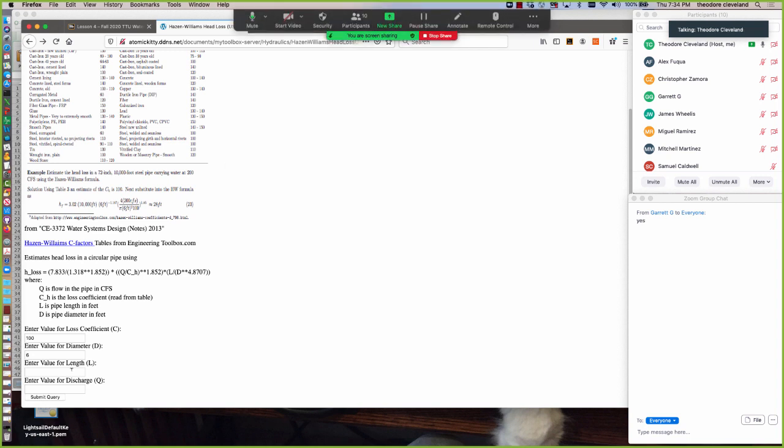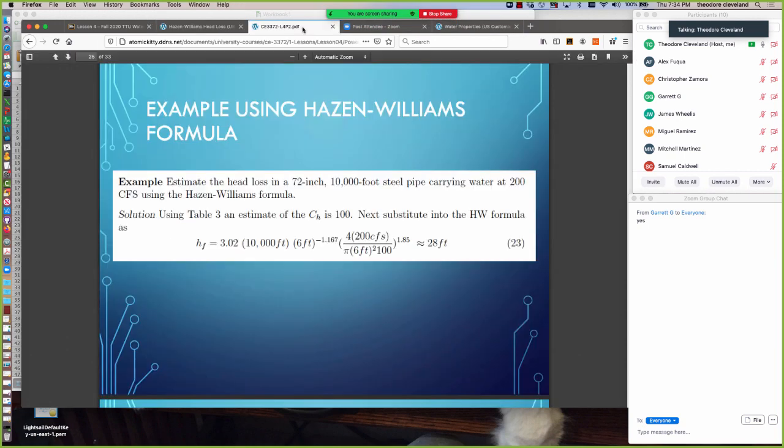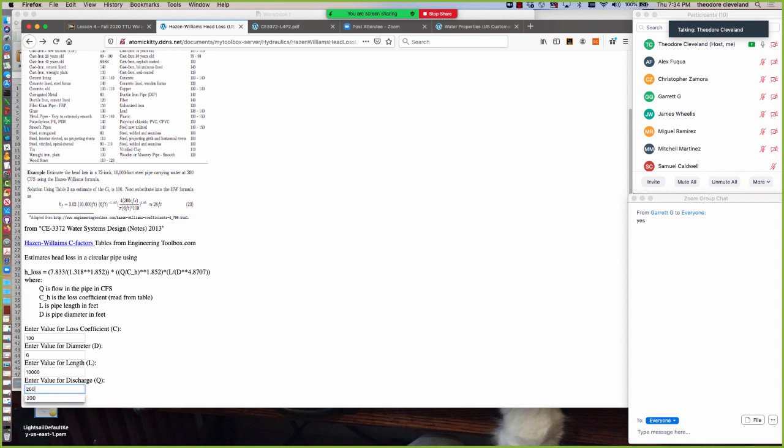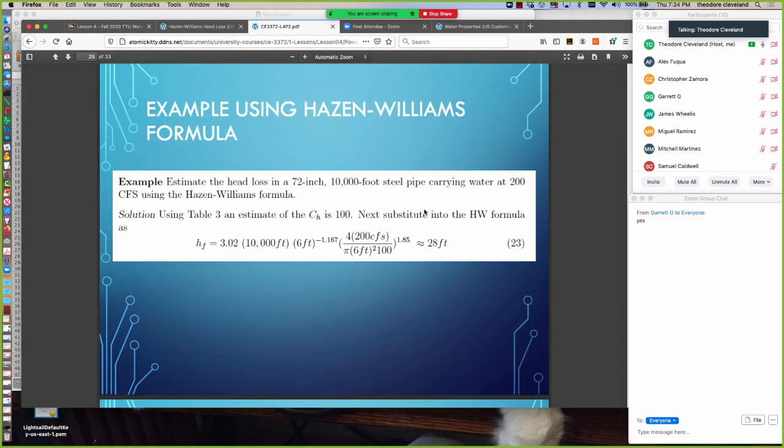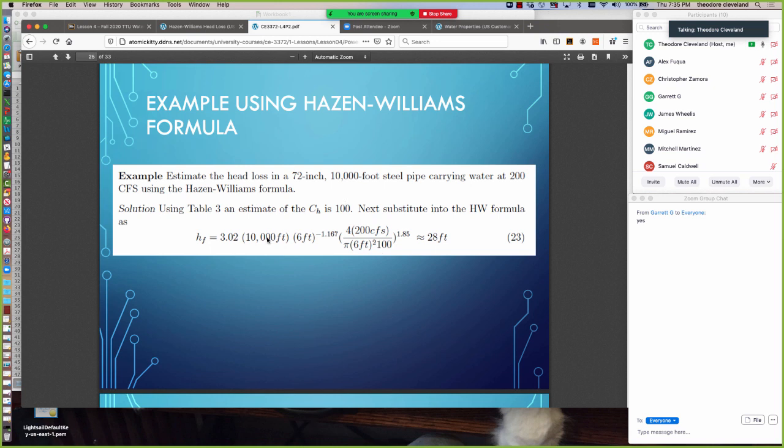The length was 10,000 feet. And the value for discharge given was 200, right? Then go ahead and do the computations, and it comes up with 27.5 feet of head loss. Pretty close to 28, I would argue for all practical purposes it's the same number. And it should be. It's implementing these same equations.